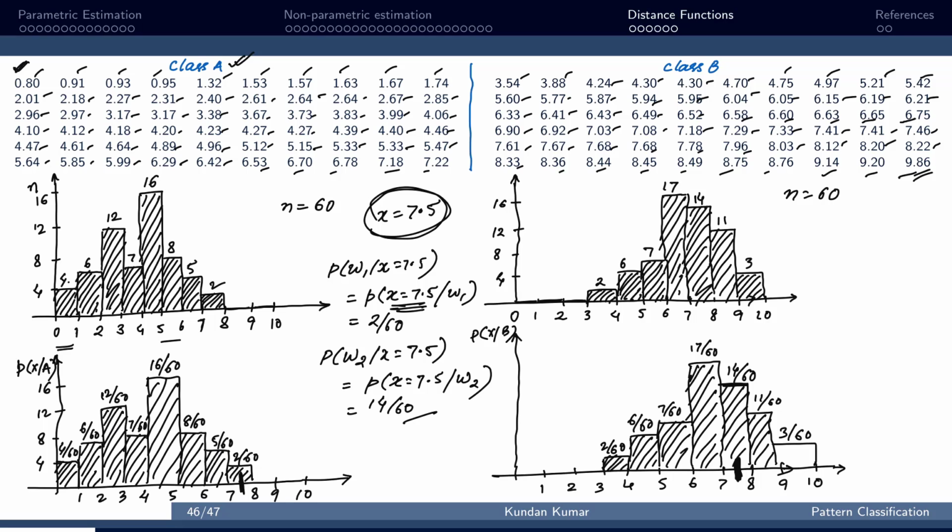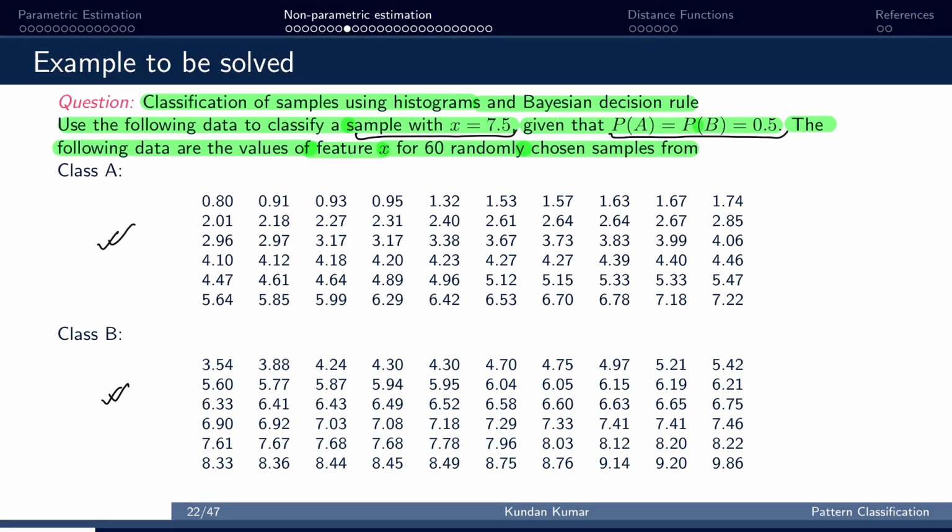Okay, so here p of omega 2 given x equal to 7.5 is greater than p of omega 1 given x equal to 7.5. So our decision will be in the class omega 2. That means x will be classified to class omega 2. Okay. So here x will be classified to class omega 2.